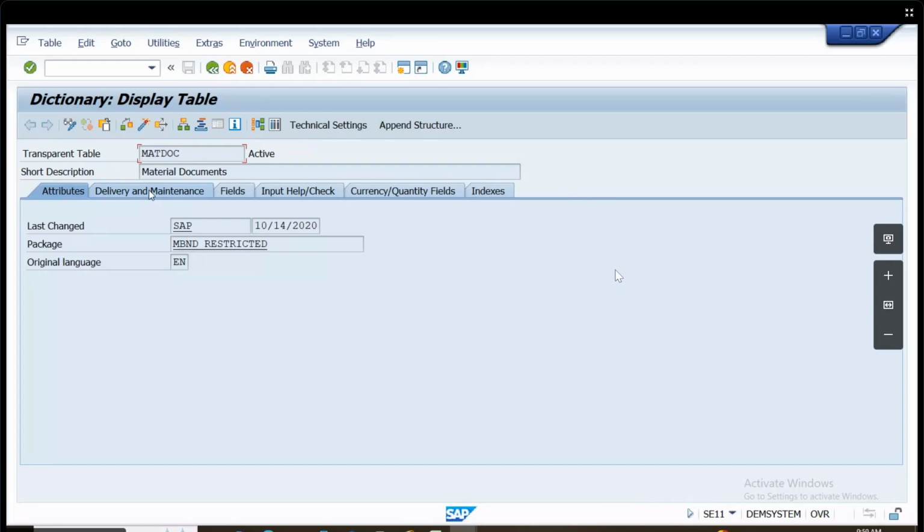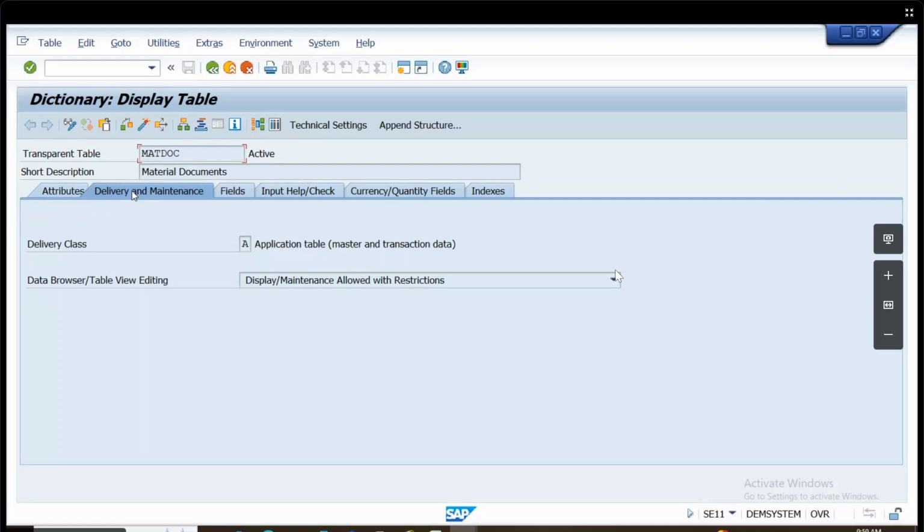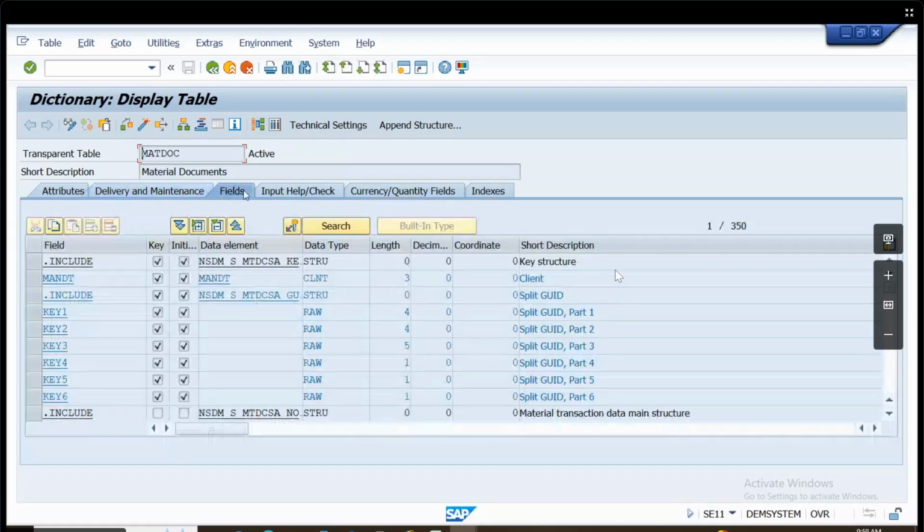So this is MATDOC table, material documents information. Here I'll just show you one thing.